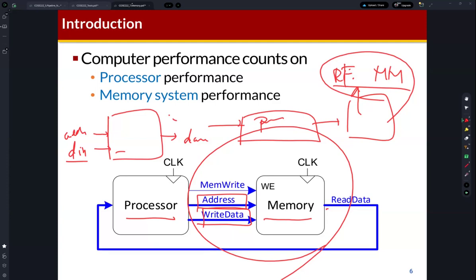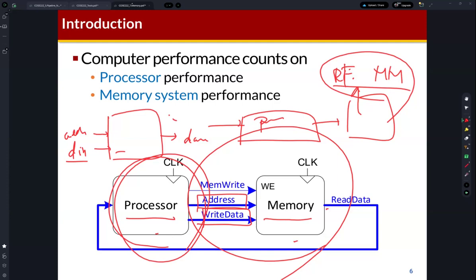We can say that the performance of an entire computer system can be influenced by the performance of a processor. That's what we learned in chapter 4, so we need to improve the performance of a processor. But when we mention the performance of a processor, we just assume that the memory is very fast.